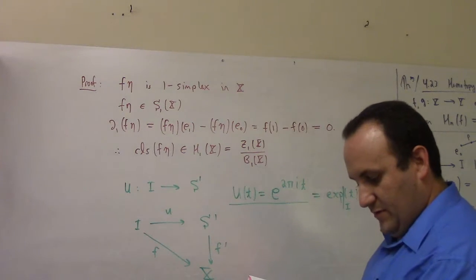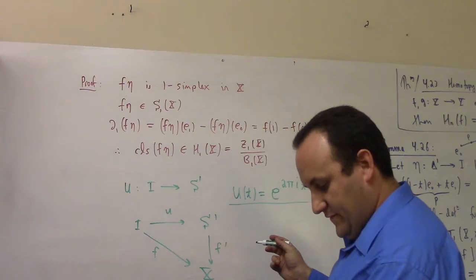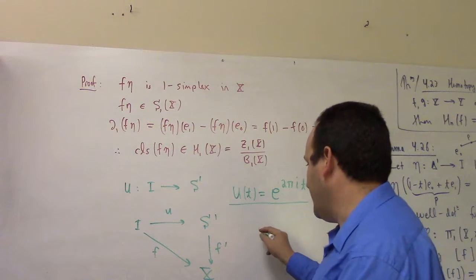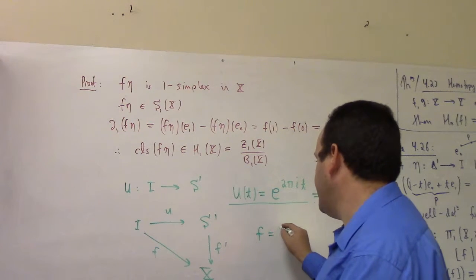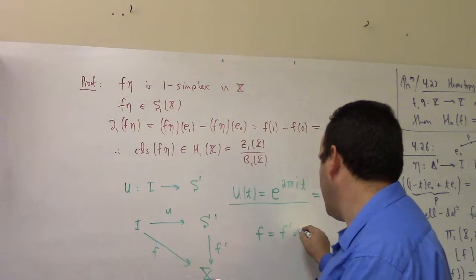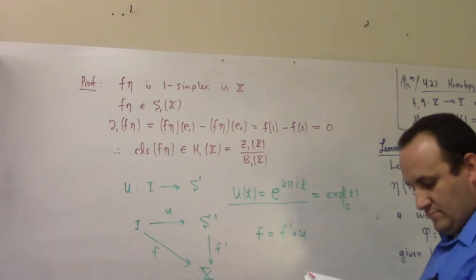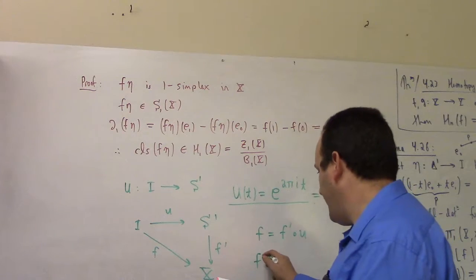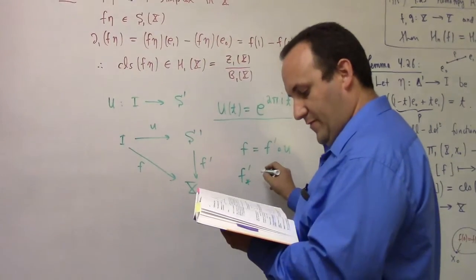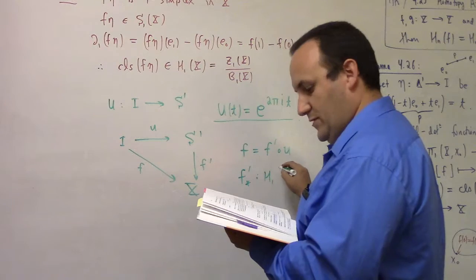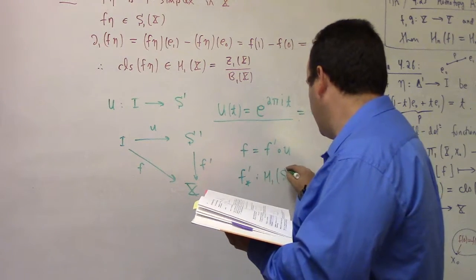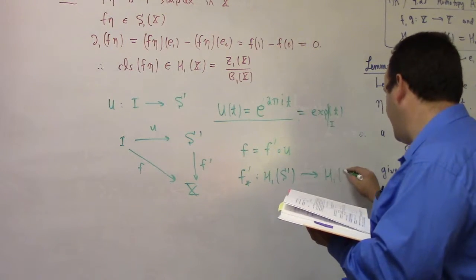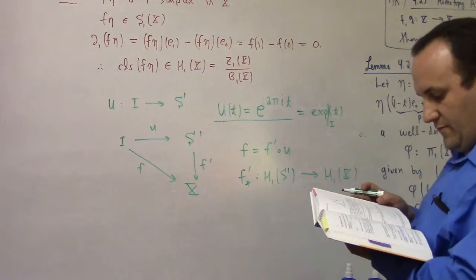So this diagram commutes. In other words, what? I guess this diagram commuting would mean f is equal to what? F prime. Yeah. And then he says f prime induces a homomorphism f prime star from H1 of S1 to H1 of x.